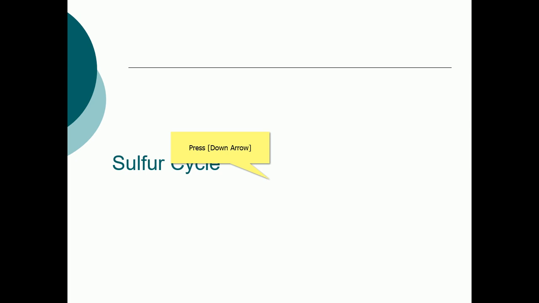But the main reservoir here is the lithosphere, rocks containing sulfate in the form of gypsum or pyrite. So let's quickly look at the biological role of sulfates or sulfur in our system.